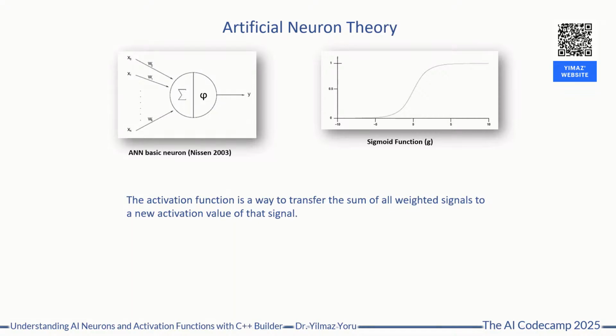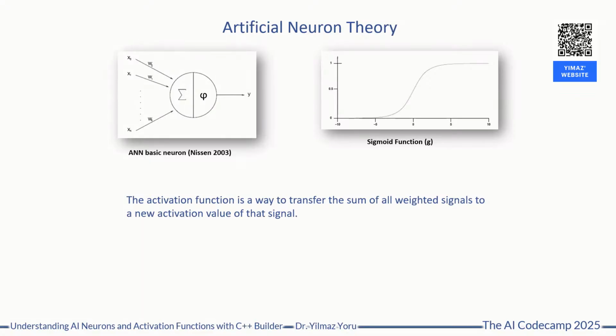If it is necessary, we give output; if not, we don't. So a minimum artificial neuron has one activation value, one activation function, and one or more weights, depending on the number of input links.